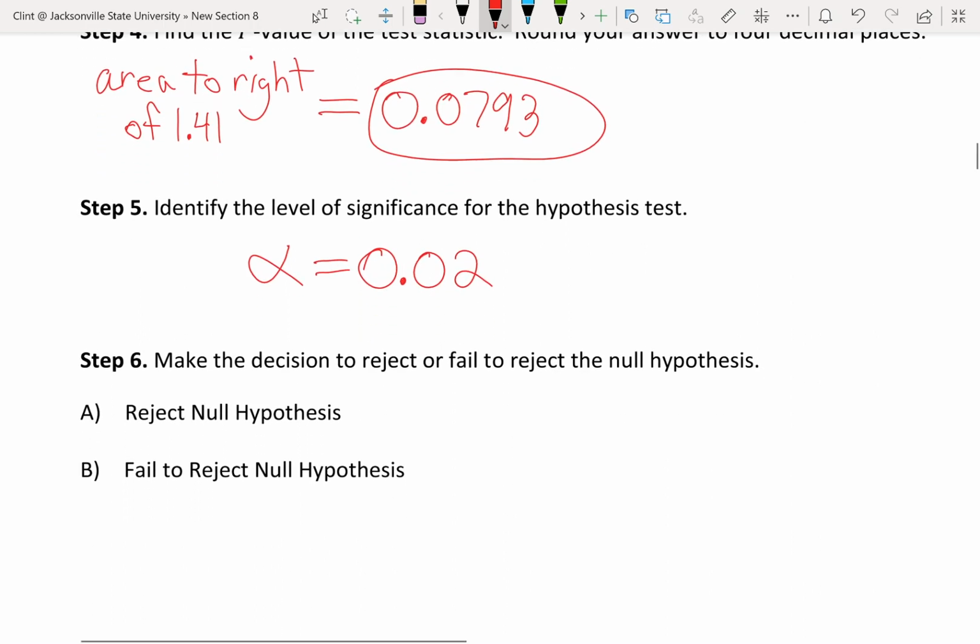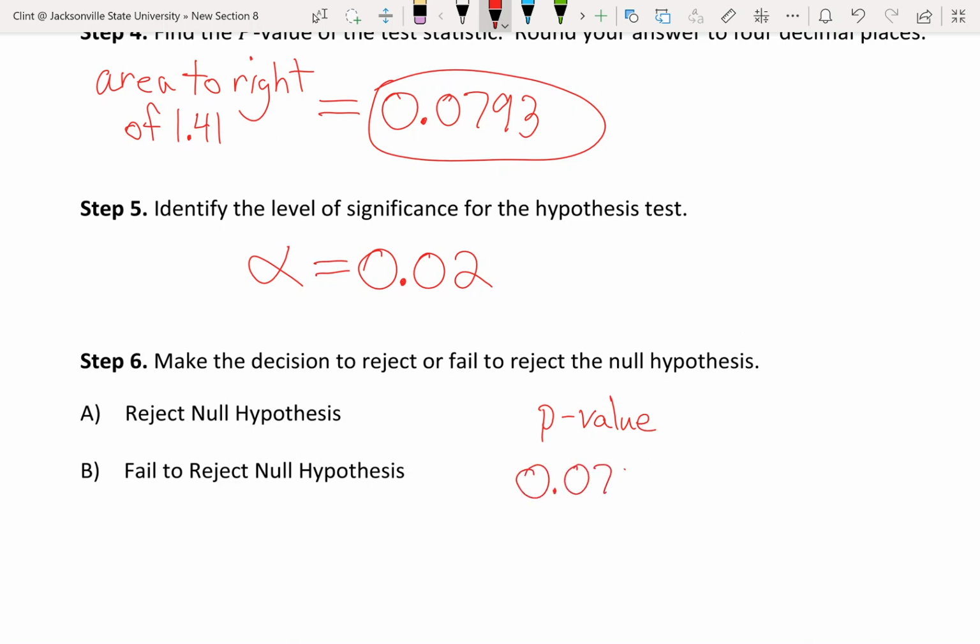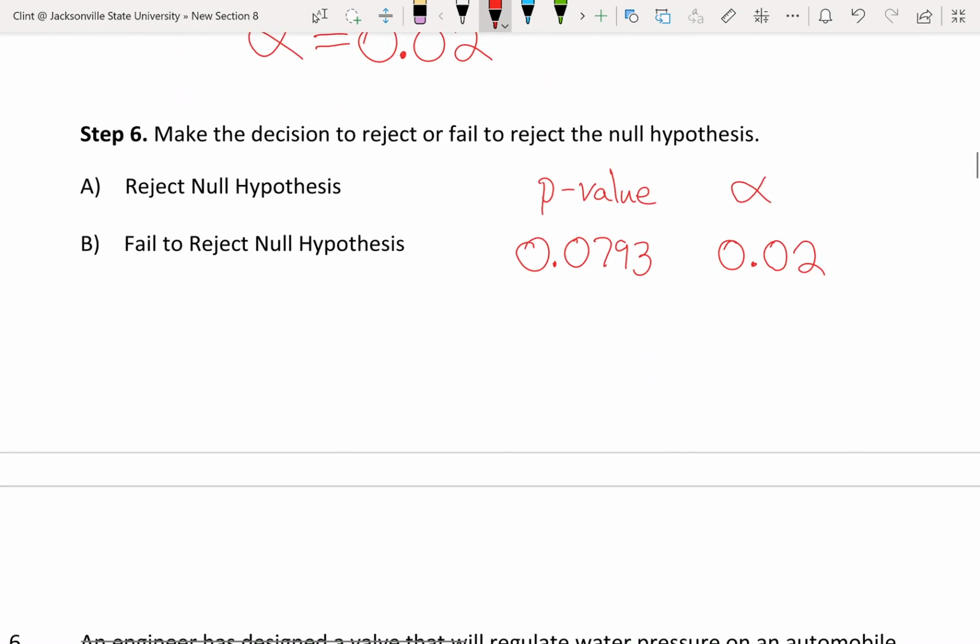And then we need to make our decision. So remember, we compare our p-value with alpha, the significance. So how does that play out? Our p-value is greater than alpha. So what's our conclusion?